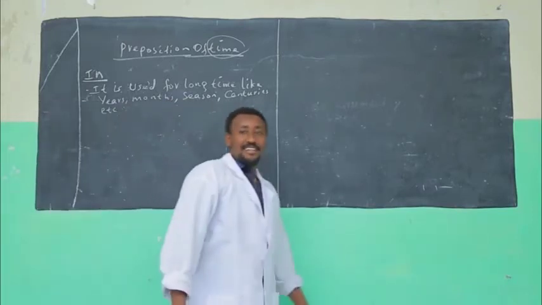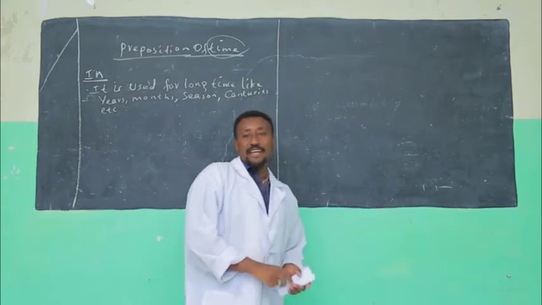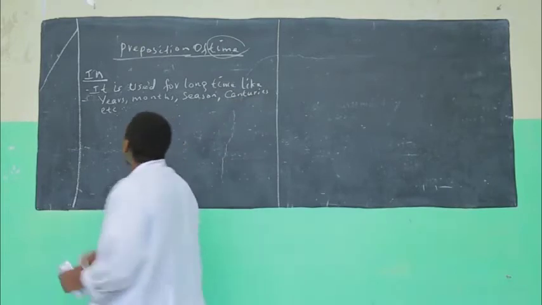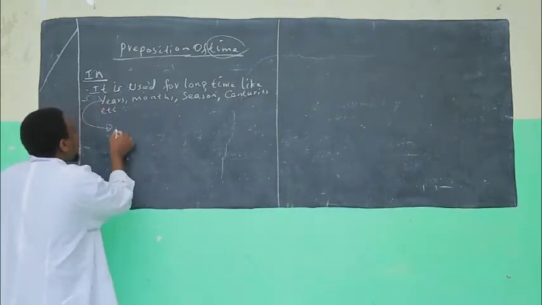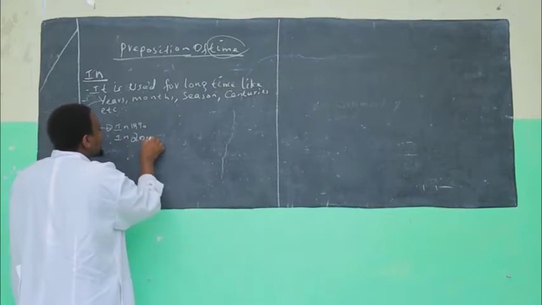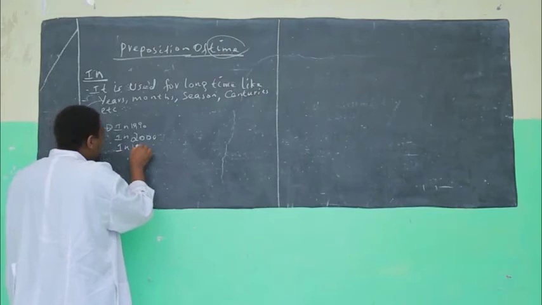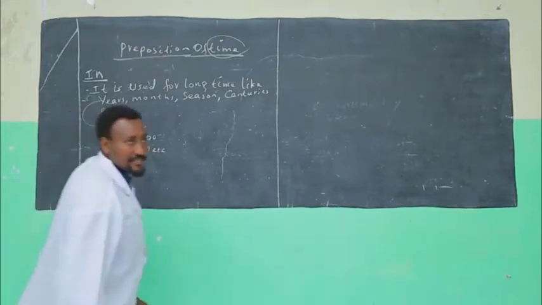Yes, my students, you are active. Good, you are following me in the accurate way. Excellent. Now, when we say years, we may use, for example, in 1990, in 2000, in 1767, etc. We can give different examples.